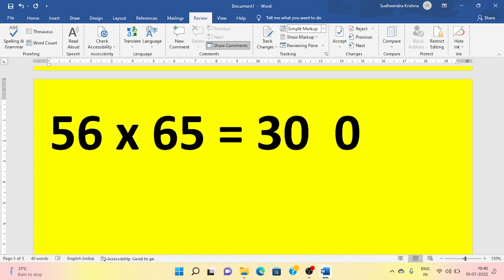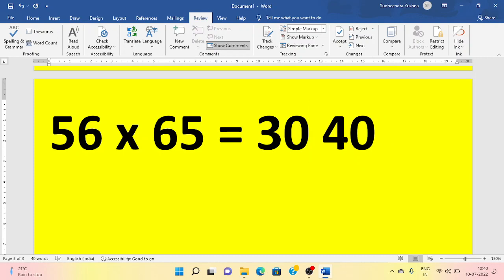Now to get the middle portion, you square 5 and 6 and add the squares. So 5 square is 25 and 6 square is 36. 36 plus 25 will give you 61. 61 plus carry over 3 will give you 64. 64, you put 4 and carry over 6.